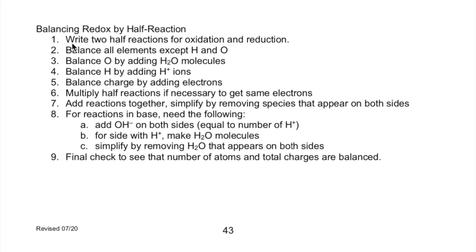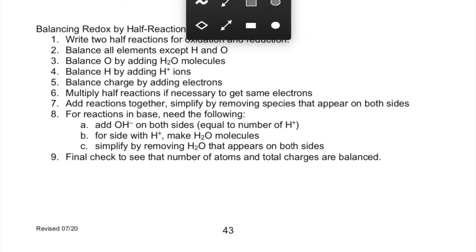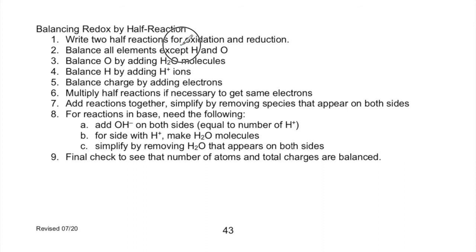The first thing we do is separate the reaction into two half reactions: one showing the element undergoing oxidation, and another focusing on the element undergoing reduction. Then the second step is to balance all elements except for hydrogen and oxygen.